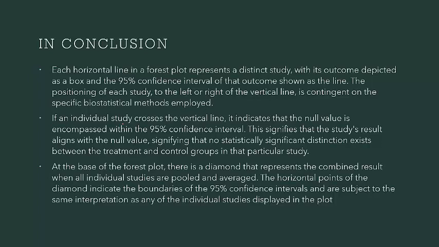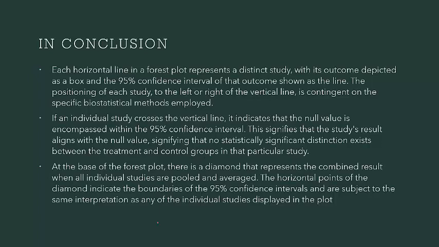If an individual study crosses the vertical line, the line of null effect, it indicates that the null value is encompassed within the 95% confidence interval. This signifies that the study's result aligns with the null value, signifying that no statistically significant distinction exists between the treatment and the control groups in that particular study.